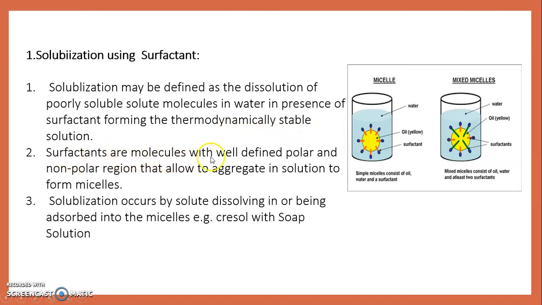Surfactants are molecules with well-defined polar and non-polar regions that allow them to aggregate in solution and form micelles. Solubilization occurs by the solute dissolving in or being absorbed into the micelles, for example cresol with soap solution. This is an example of that.